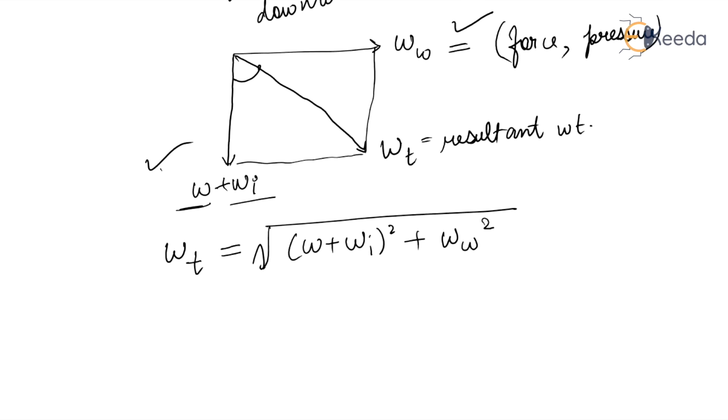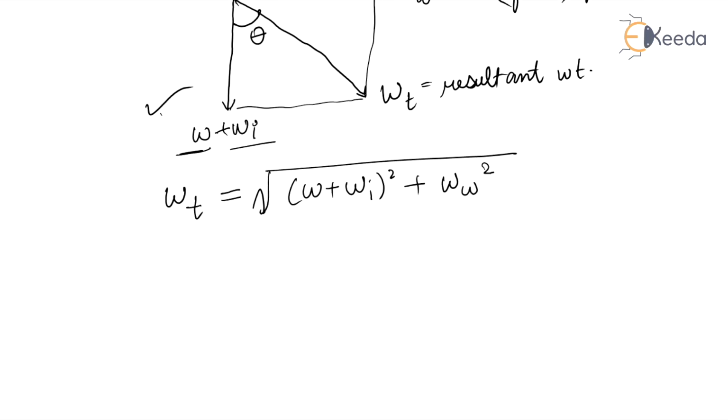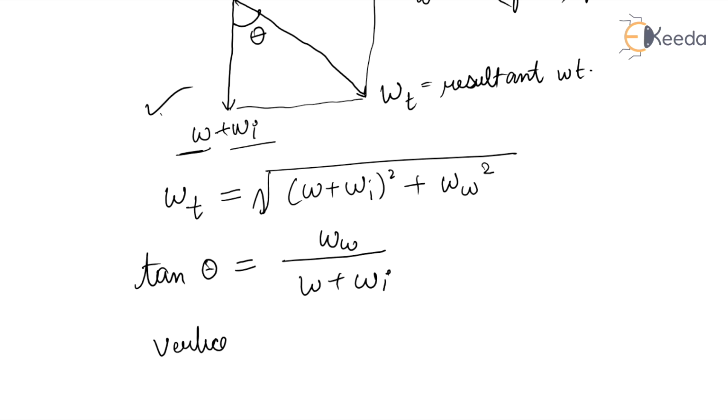Suppose this angle is theta, then tan theta is equal to perpendicular upon base, that is WW upon (W plus WI). Vertical sag is equal to S cos theta.